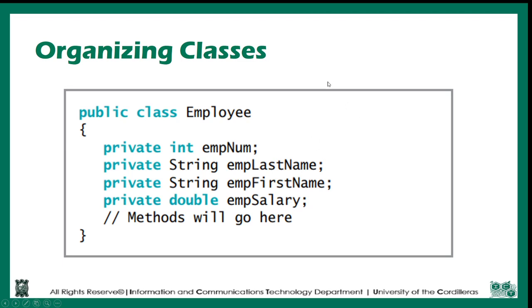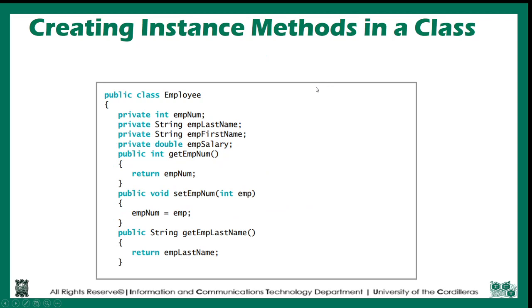So here on this part, we should be able to see the following mutators and accessors, along with the data types and variables. We also have a method getEmpnum, which will return the value of empnum, and we also have a setEmpnum.